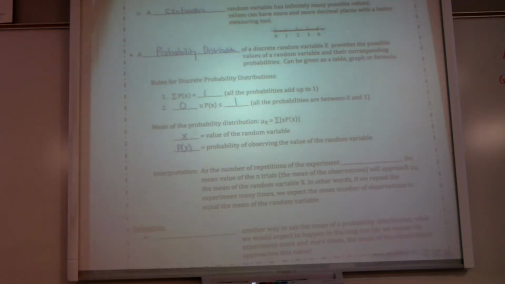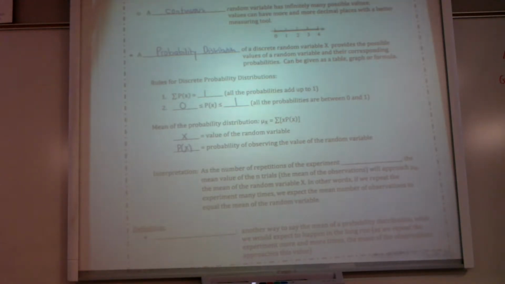Okay, well, our interpretation is, as the number of repetitions of the experiment increases, the mean value of the n trials, meaning the mean of the observations, will approach mu sub x. That's our expected value, the mean of the random variable x. In other words, if we repeat the experiment many times, we expect the mean of the observations to equal the mean of the random variable.